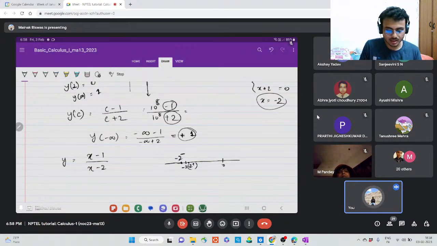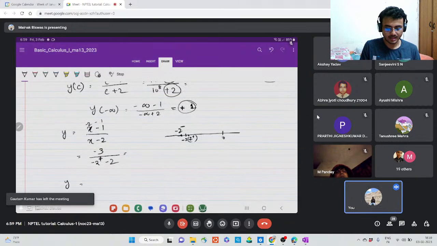So what will happen? The numerator is minus 3 always here. Both are minus, right? Yes. Minus 2 minus 1 is minus 3. But the denominator, when I put minus 2 plus and minus 2 minus, what is the value of the denominator? Is it a positive number or a negative number?